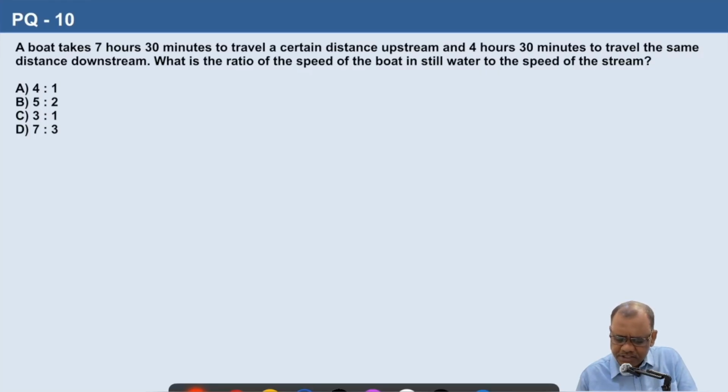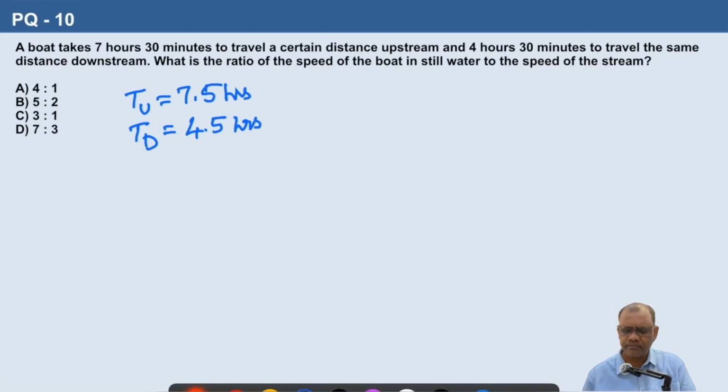So time upstream is 7.5 hours. Similarly, time downstream is 4.5 hours. 30 minutes I have written as 0.5 hours.